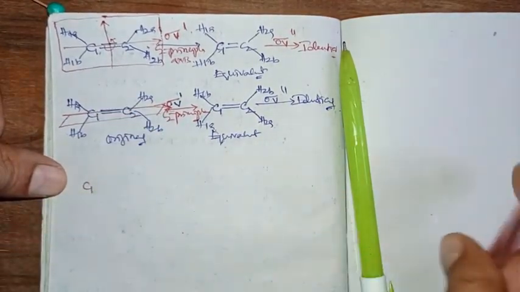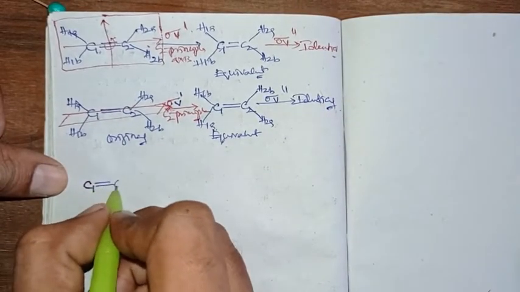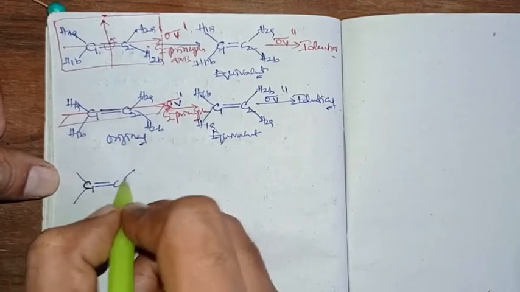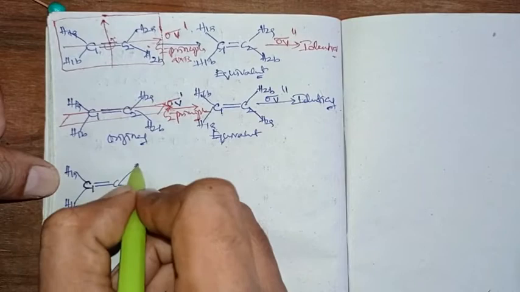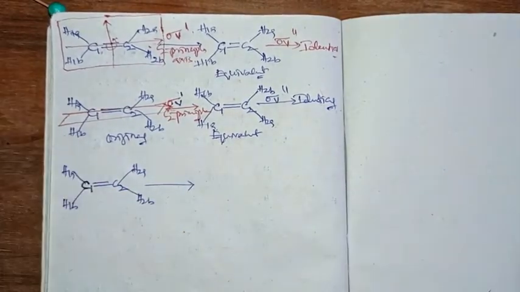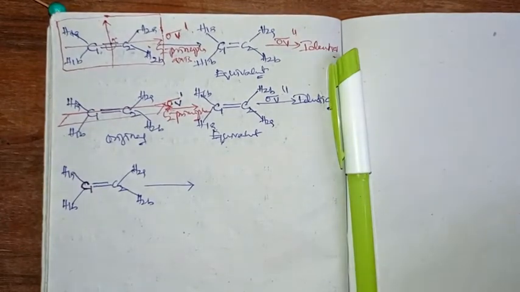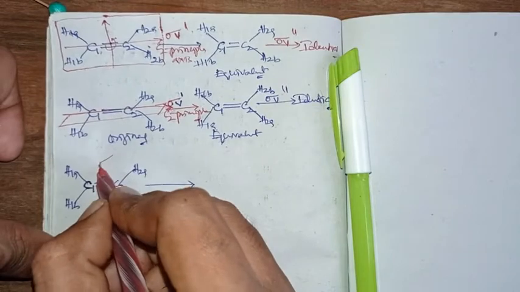So when we want to go with more planes in the molecule, do we have more planes or not? H1a, H1b, H2a and H2b, right? Does this ethylene molecule have more planes or not, right? Yes, it looks like there will be another plane.